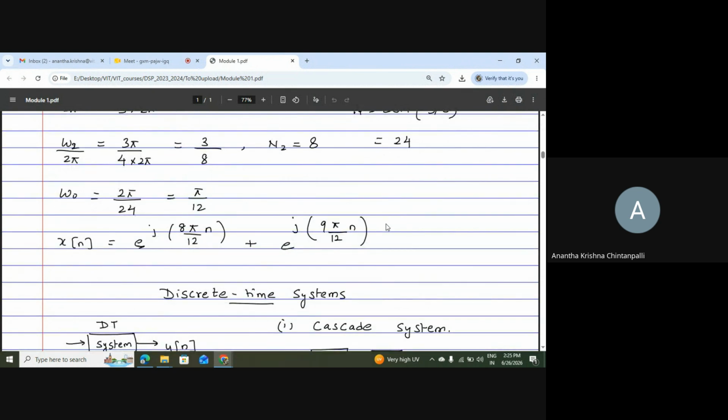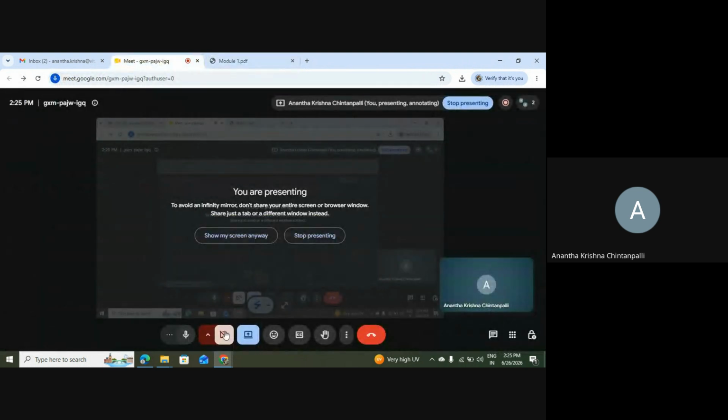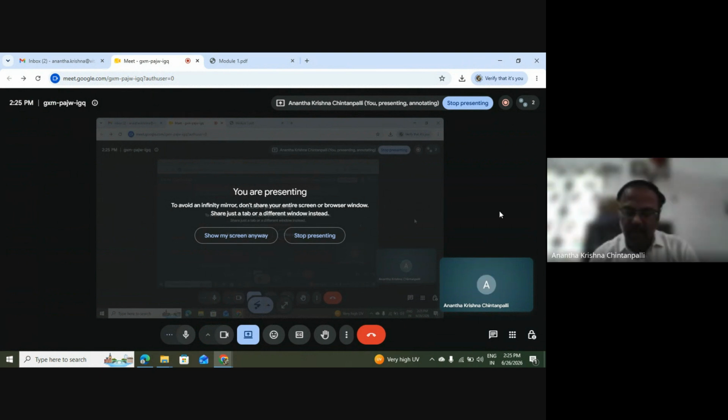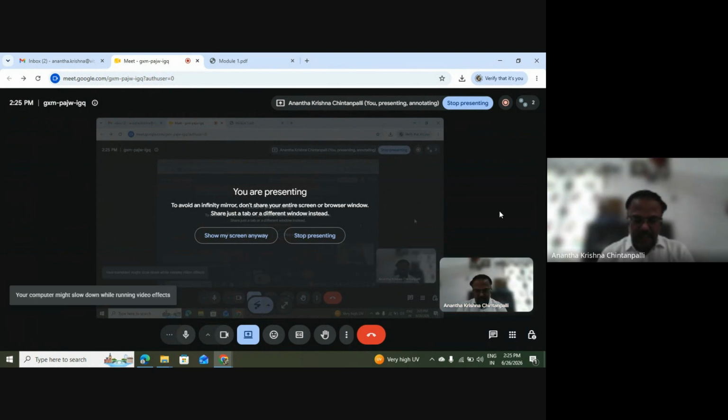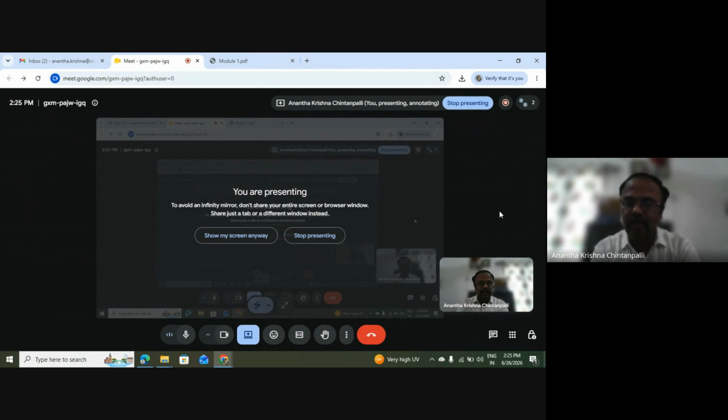Now, so far what we have done is we have discussed discrete signals. We have spoken about basic discrete signals like delta of n, u of n, r of n, and the signum function.